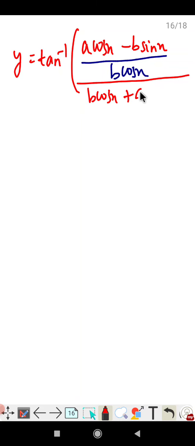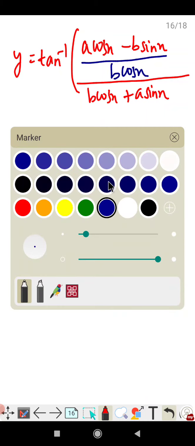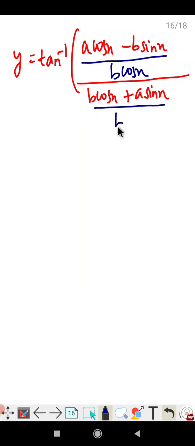What I can do is divide by b cos x in the numerator and denominator. If I do this, nothing is going to change. It will be cancelled and you will get the previous step.